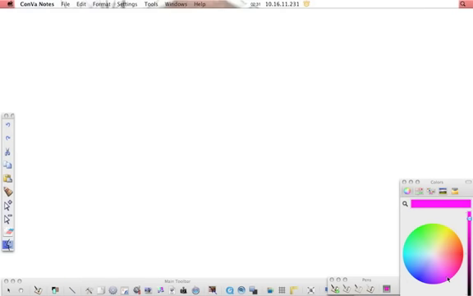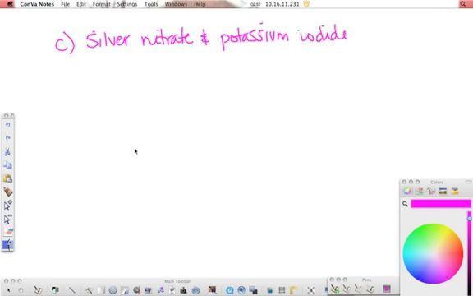Alright, let's do, how about purple? That sounds good. C says silver nitrate and potassium iodide. Okay, first we get the formulas for these guys.